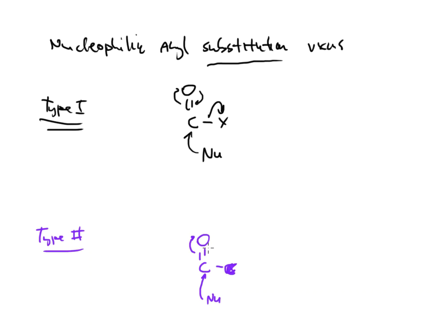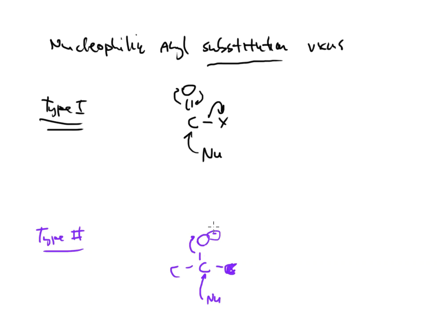Oxygen wants to shove them back in order to make this single bond, but carbon cannot get rid of a leaving group. Carbon's kind of stuck at this point. So we will have this negative oxygen that hangs out for a little bit. Well, this is not a substitution, is it? No, we're not substituting anything. We're adding onto the molecule instead.